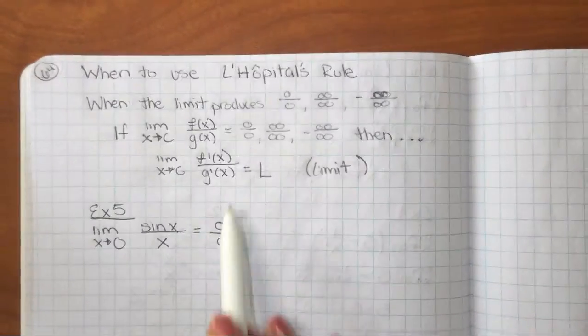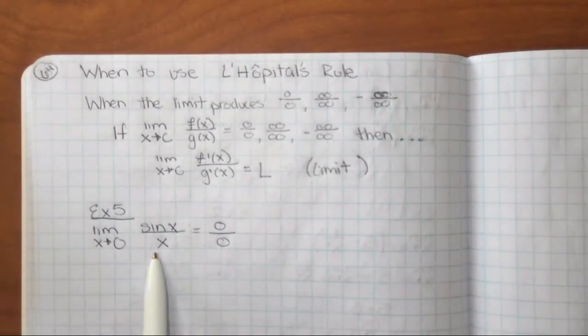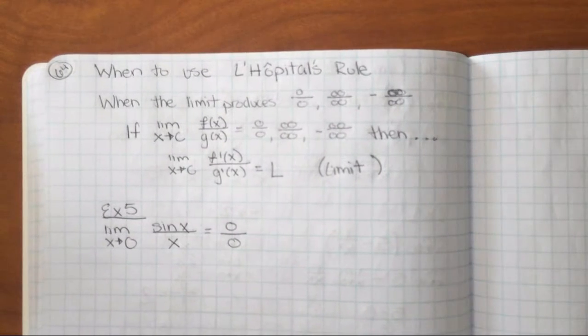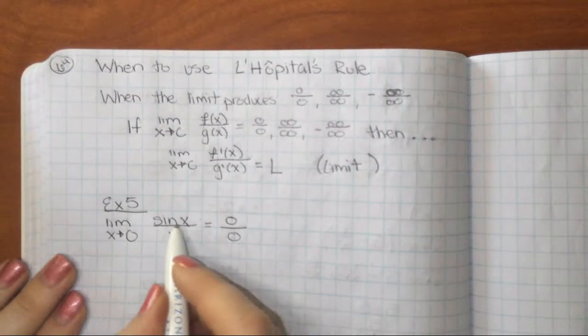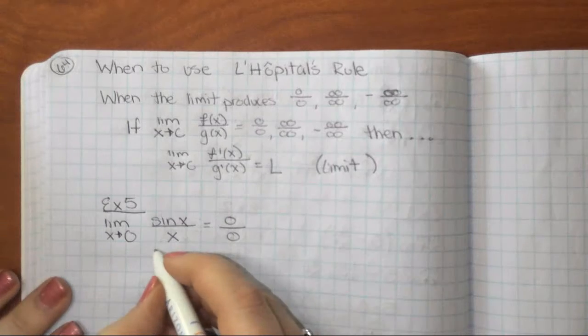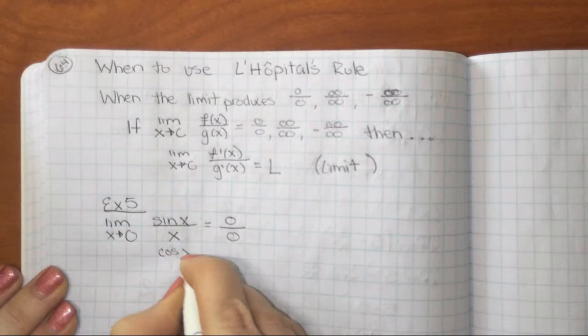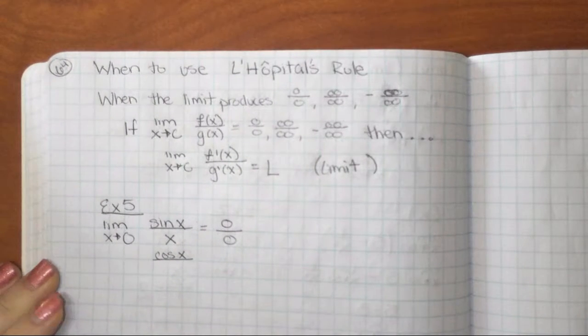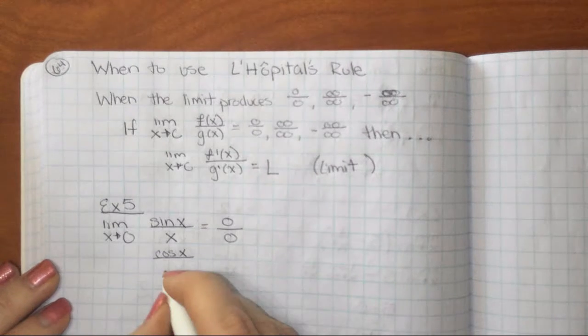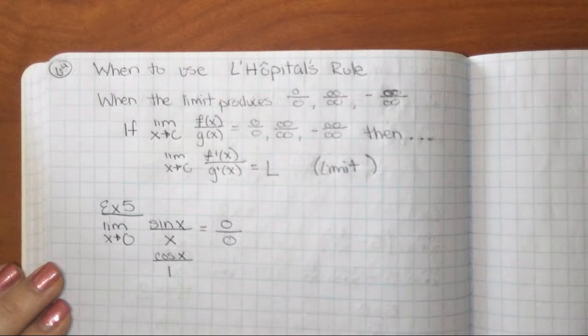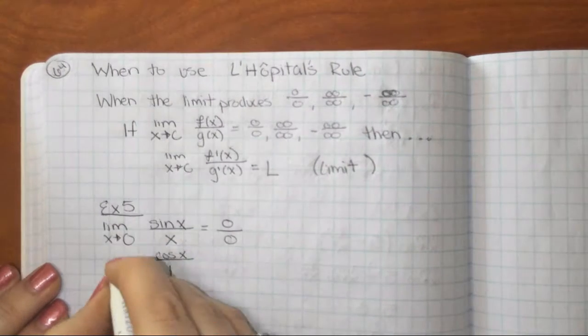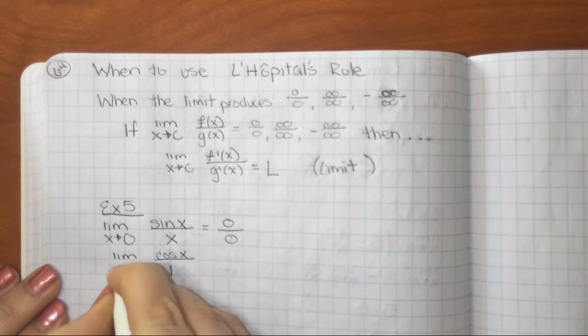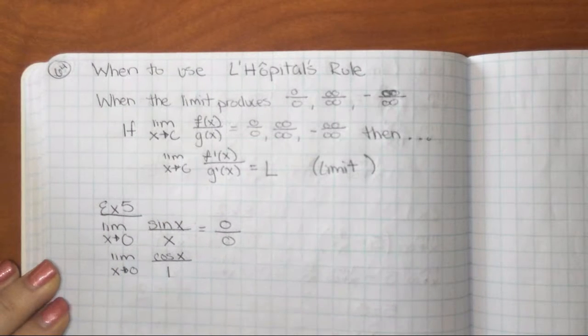L'Hopital's rule says take the derivative of the numerator, take the derivative of the denominator, and then again, plug it in. So, what's the derivative of sine x? Cosine x. What's the derivative of x? 1. Which is kind of nice. It kind of looks like it's going to take care of my problem. So again, what is the limit as x approaches 0, where I'm going to plug it in?